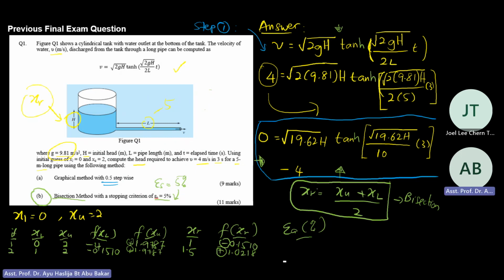Before that, calculate the EA. The EA here is for the XR. What is the EA? The first one is not applicable. Second one, yes, 33.3.